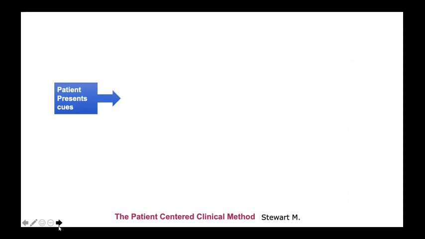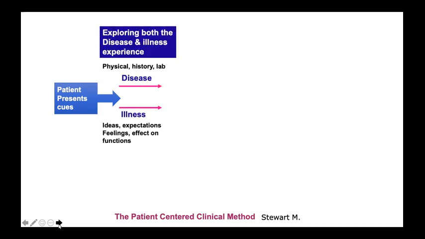So Stewart Moira has put this concept in a very nice algorithm. So our patient would come to us with cues, as I have mentioned in the previous slides. And those cues pertain to either disease or illness or both.